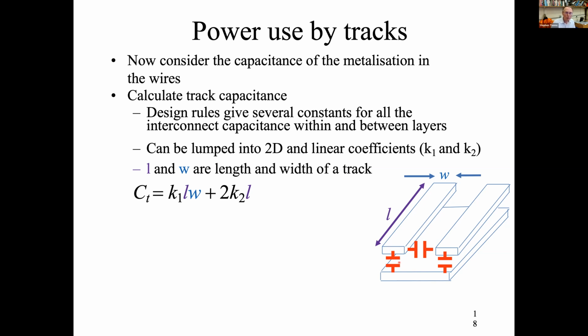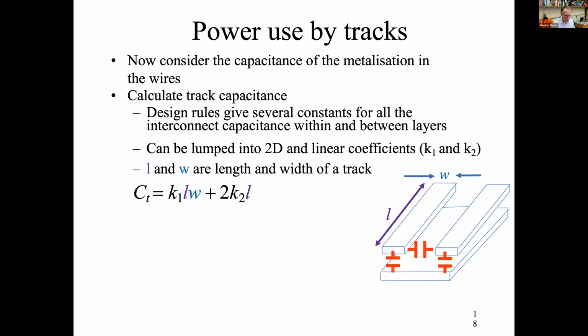So we're lumping it into two-dimensional and linear coefficients. So the 2D is between plane and plane, and the linear coefficient along the length of the track. So this one, the K1, the 2D, you've got the length of the track, but also the width is important because that gives you this capacitance to the underneath layer.